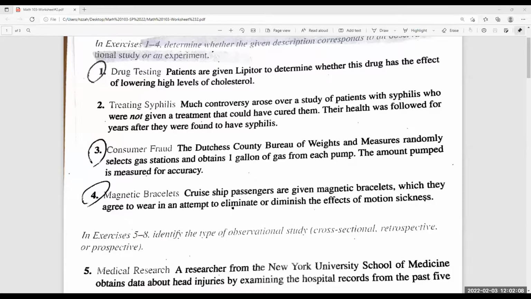It's experimental, remember, because they apply something. They give the passengers those magnetic bracelets, so they apply something to see what the result is. The people would be divided into two groups at the end: some people will feel better, and some will not.